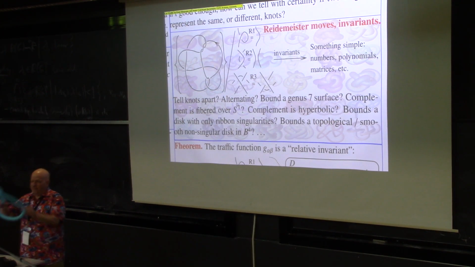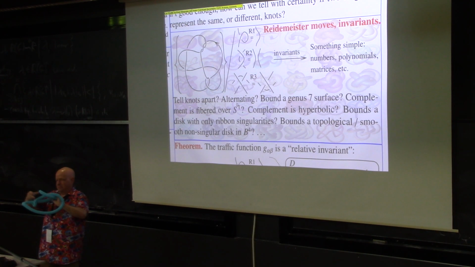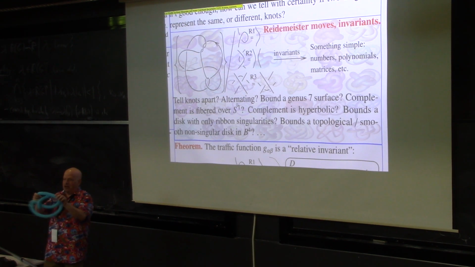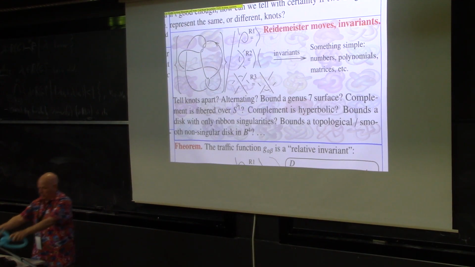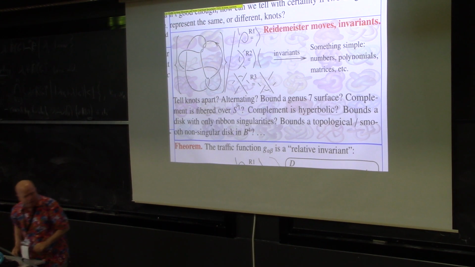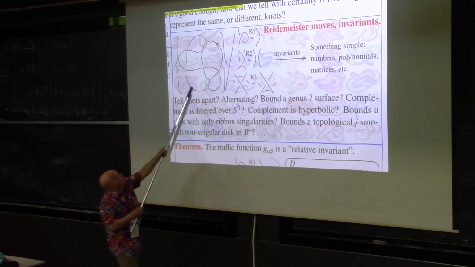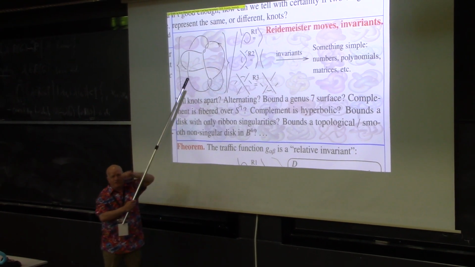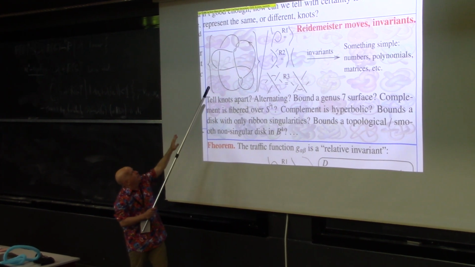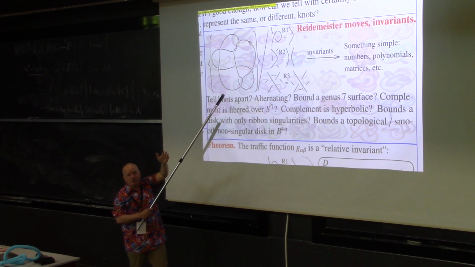Right? The knot itself is a three-dimensional object, but you can project it to the plane, and then you get a planar picture, which is a graph with some obvious annotation on the vertices, like which side is up and which side is down. And a graph like that clearly represents a knot.